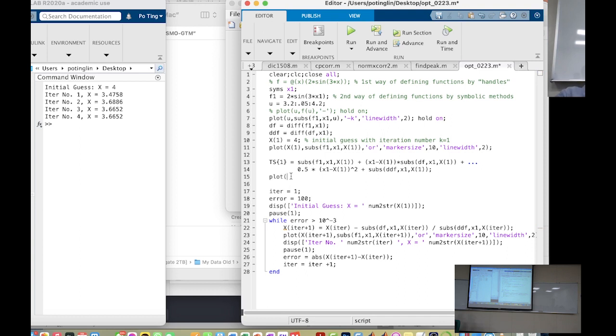Plot u, just copy this. But this time we plot out the Taylor expansion. And over here we will change the color. We use dashed lines, red color, line thinner.